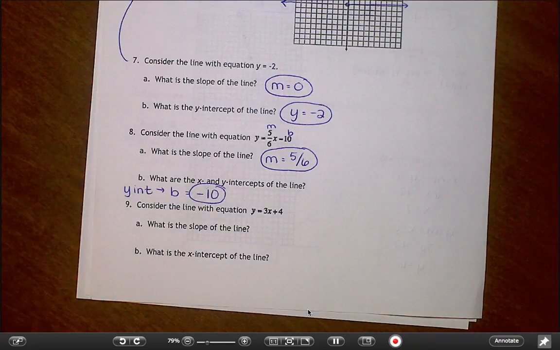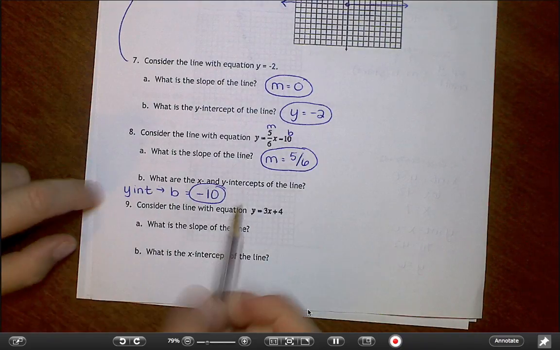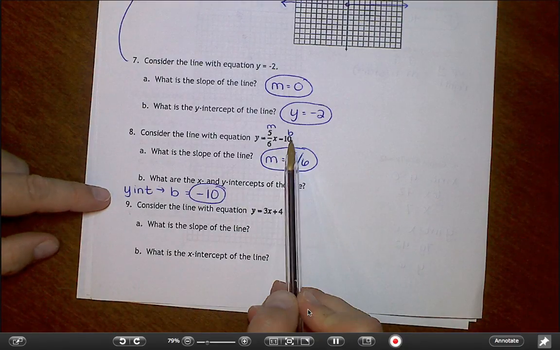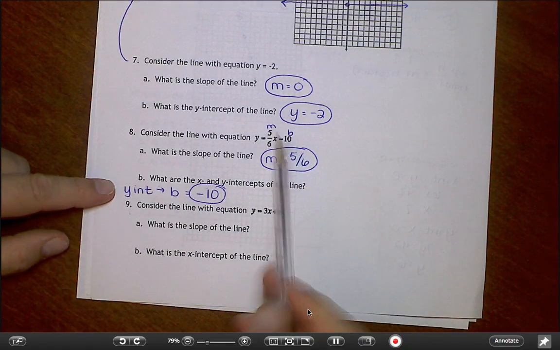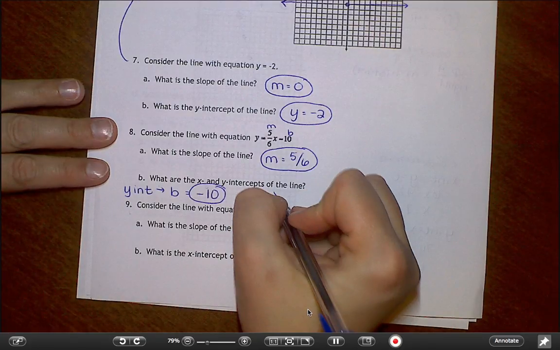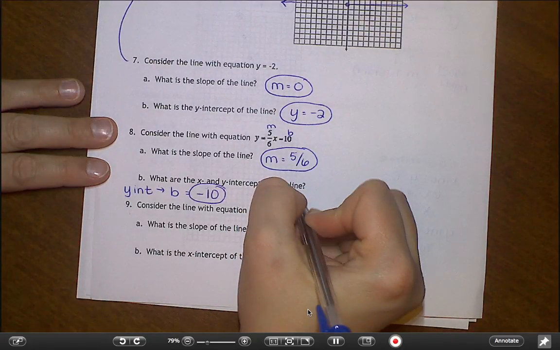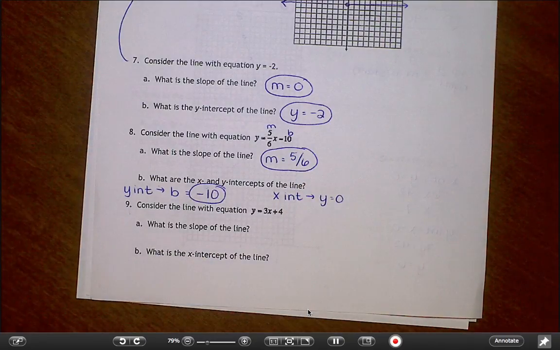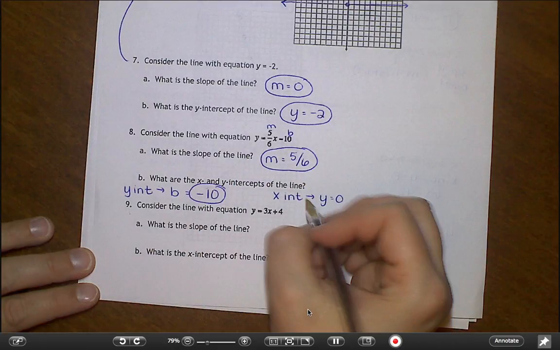The x-intercept is what gets everybody. And technically I could have found the y-intercept the same way, but because we know this formula, we can usually pick out the y-intercept pretty easily. At the x-intercept, we always know y is equal to 0. Okay, so what I have to do to find my x-intercept is make the y equal 0.